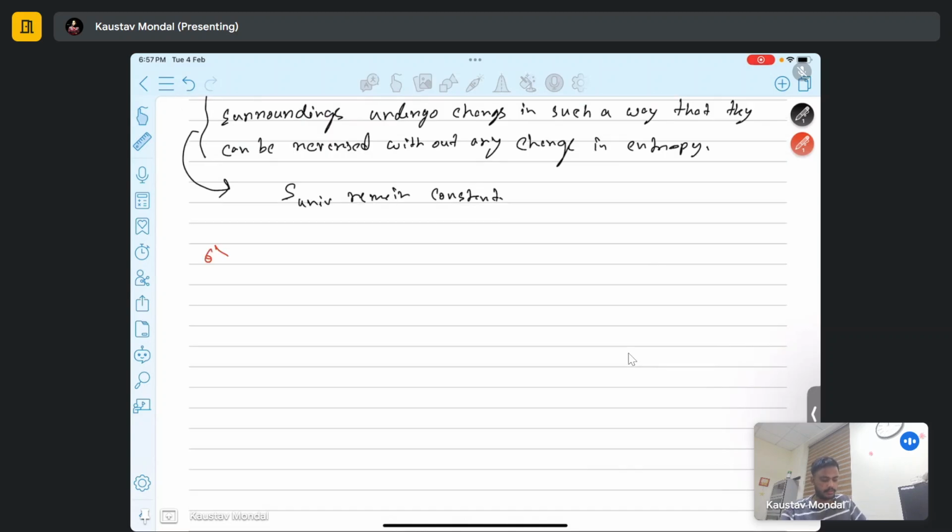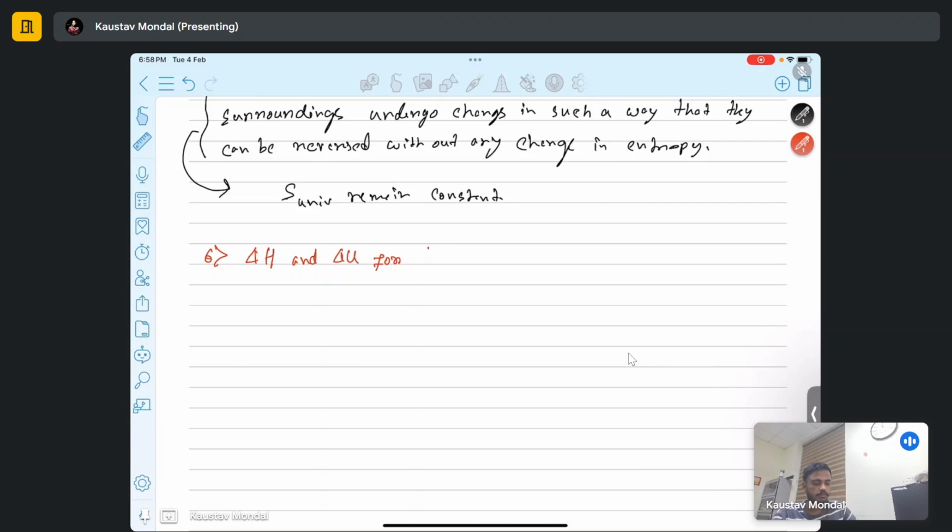Problem number 6. Delta H and delta U, the change in enthalpy and the change in internal energy.